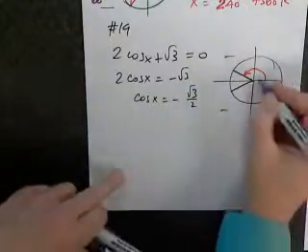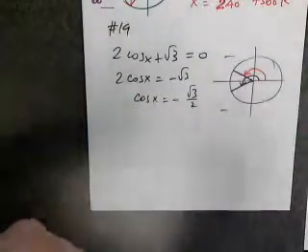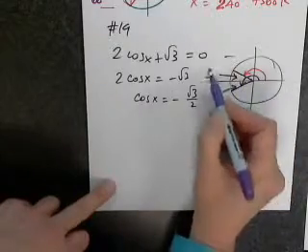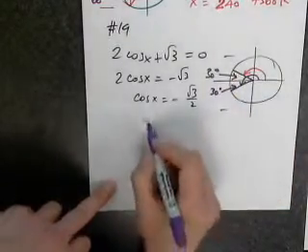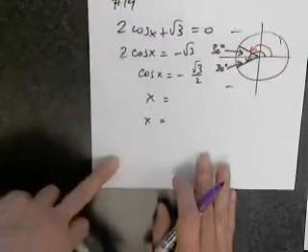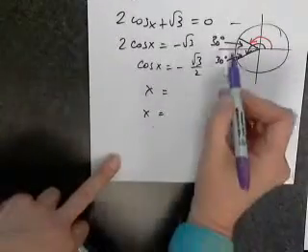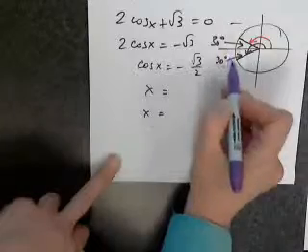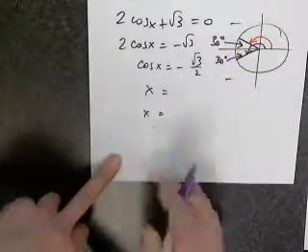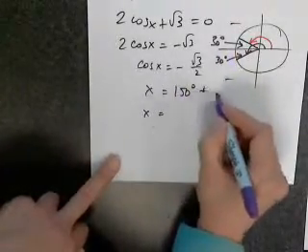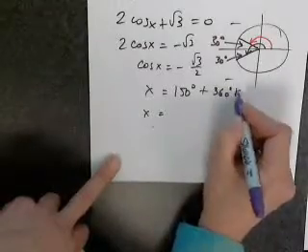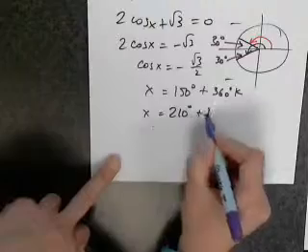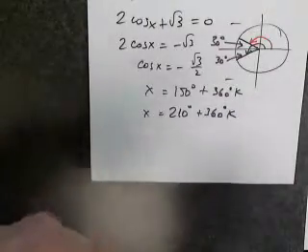What is the reference angle for both? 30 degrees. So then we have 2 solutions. This is 180. I'm going backwards 30, and from 180 going forward 30. So 150 plus 360k and 210 plus 360k.